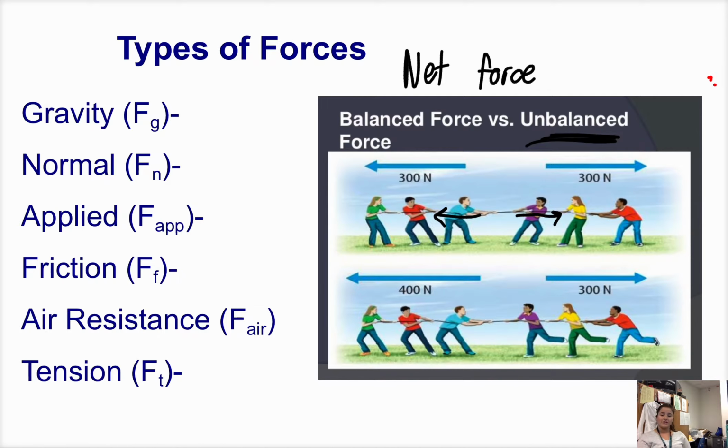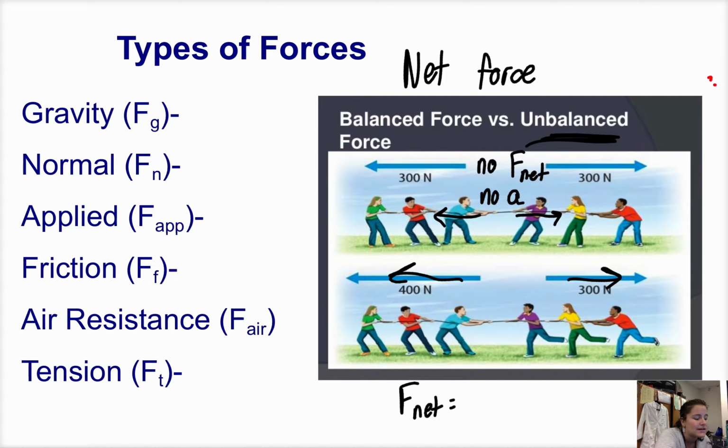So in the first situation where the forces are balanced, 300 newtons in each direction, there's no net force, which means there's going to be no acceleration. That rope isn't going to move. In the second situation, where we have 400 newtons to the left and 300 newtons to the right, our net force is going to be 100 newtons to the left.